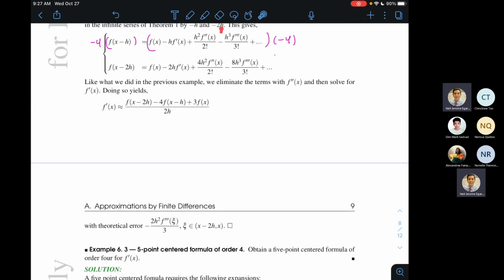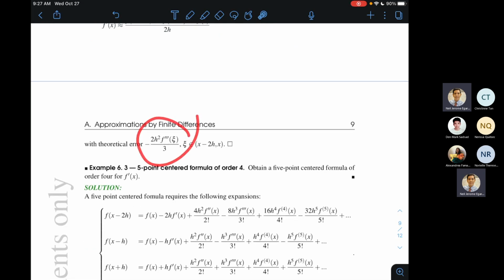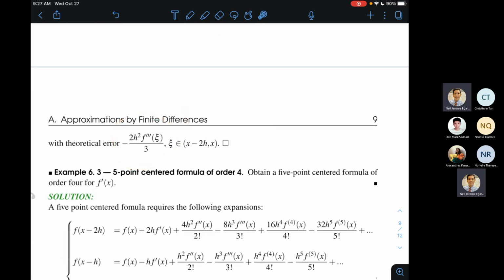I didn't write it, but when you simplify it and include it in the algebraic manipulation, the error term will simplify to this guy. Okay. So basically, that's the general approach that we will use to derive finite differences. And this is hitting two birds with one stone.